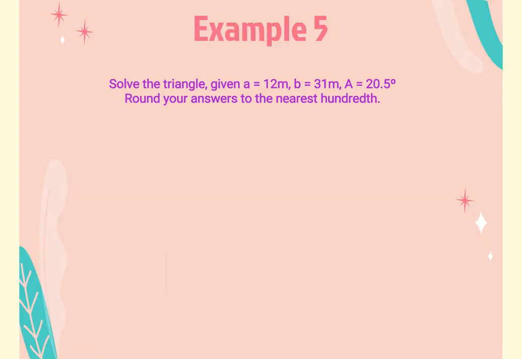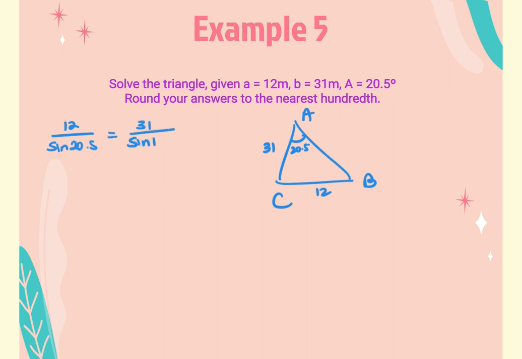All right, one more. So set it up again. A, B, C, angle A, 20.5. Side A, 12, side B, 31. And again, I have both A's. So 12 over the sine of 20.5 equals 31 over the sine of B, we're going to call it B1.